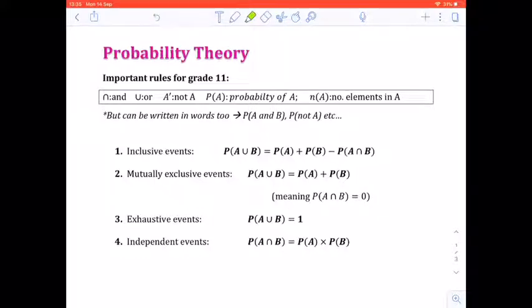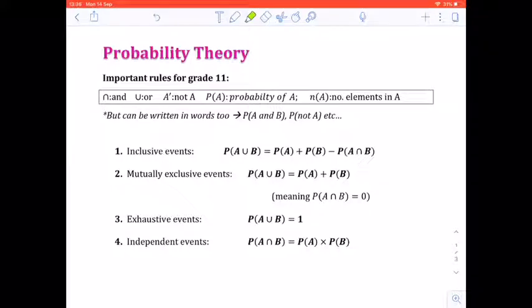A probability is a number over the total number of elements within the whole set, whereas N(A) is the number itself of those items within a set. Although these signs are important, you can also write these things in words.